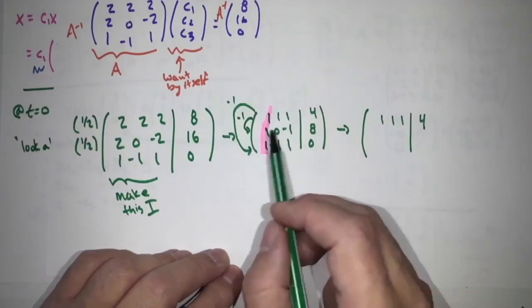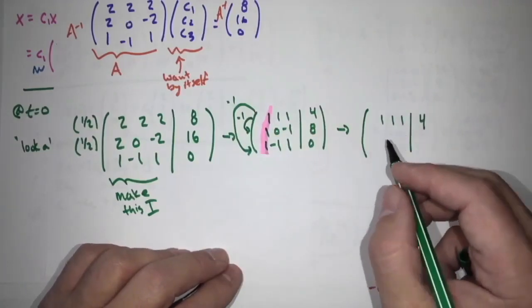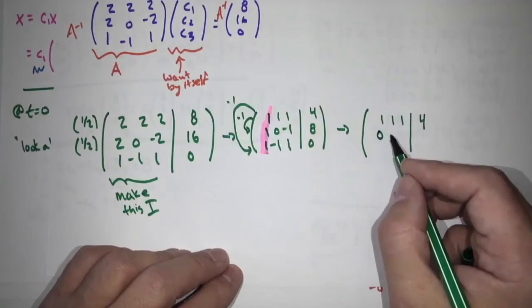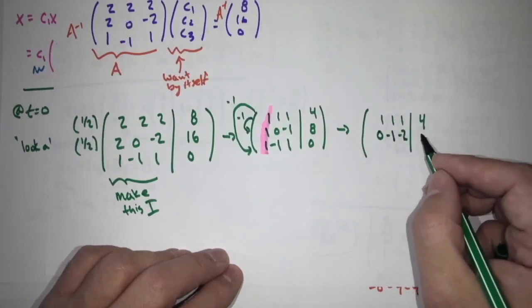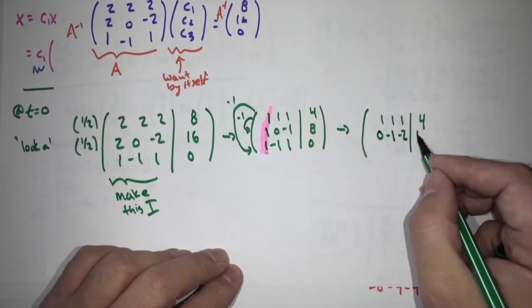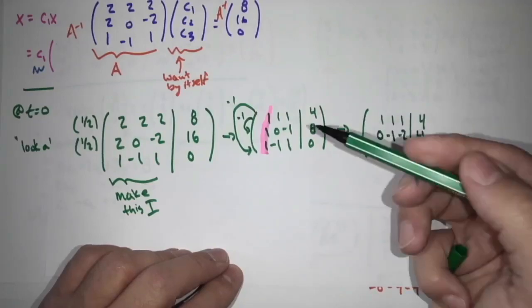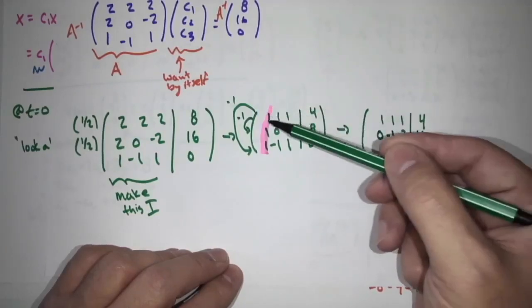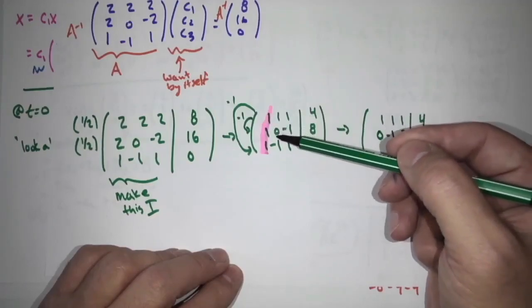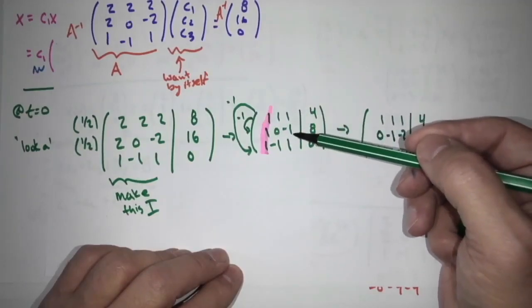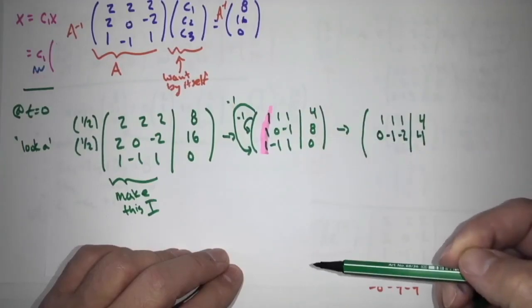What does the next row become? 0, minus 1, minus 2, 4. Okay. Remember, we're subtracting the first row by minus and adding it to the second row. So minus 1 plus 1, minus 1 plus 0, minus 1, minus 1, minus 4 plus 8.